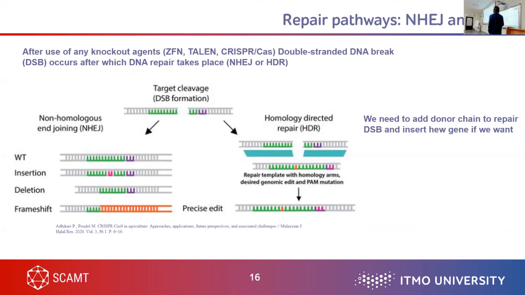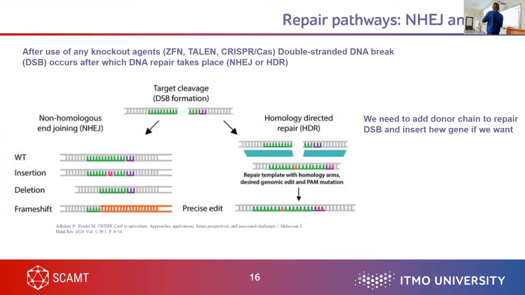The other three scenarios are insertions, deletions, and frameshift. In this case, the gene code will be shifted, and the information about the gene product will be error-prone, will be wrong.